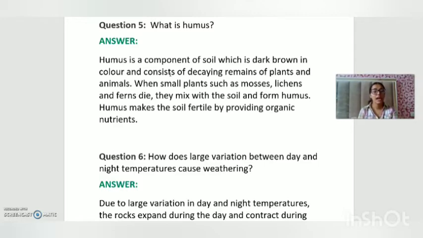When small plants such as mosses, lichens, and ferns die, they mix with the soil. When any insect or bacteria dies, they mix with the soil and form humus. Humus makes the soil fertile by providing organic nutrients to the plants.